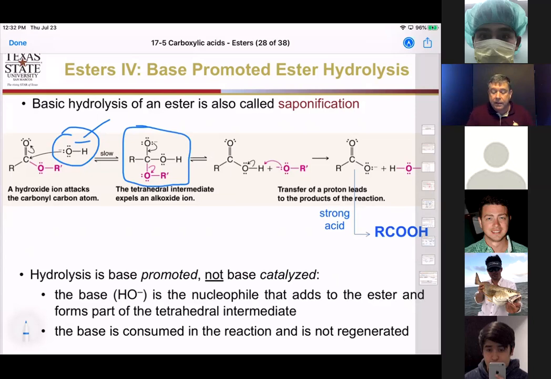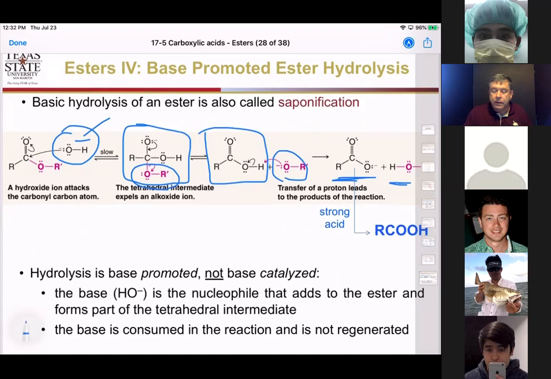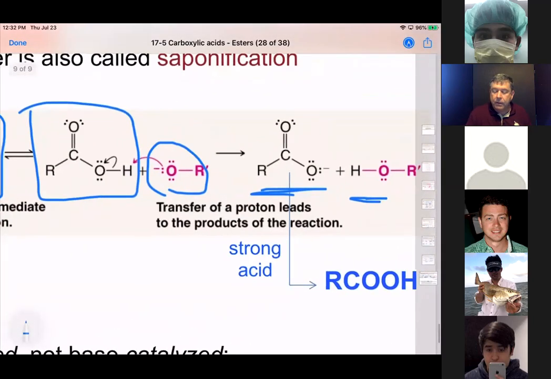But if the alkoxide leaves first, we'll generate our carboxylic acid and our alkoxide, which can then deprotonate our carboxylic acid and generate our alcohol.